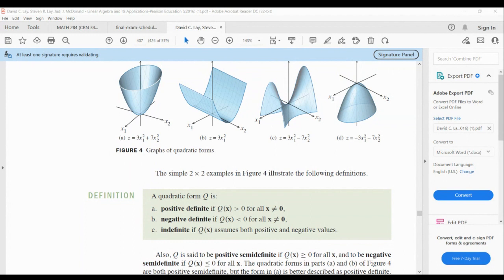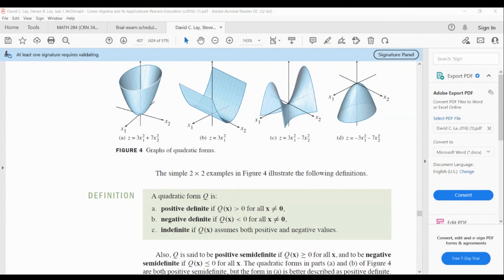And you have pictures. Figure 4a, that quadratic form is positive definite, because it is always greater than 0. All the z coordinates are positive. On the other hand, for D, the quadratic form is negative definite, because all the values of the quadratic form are entirely negative.